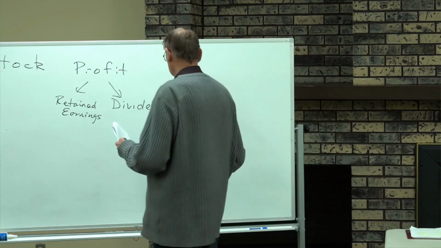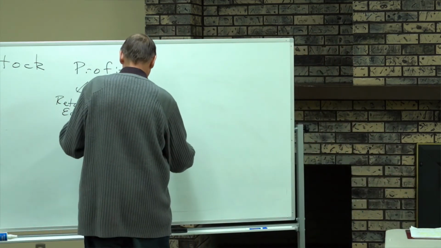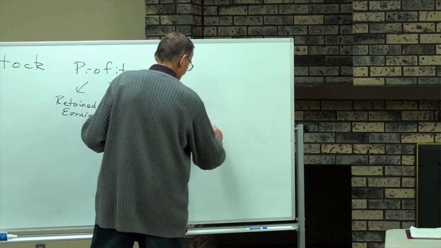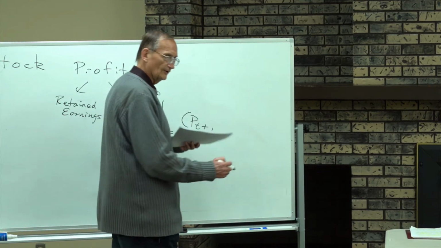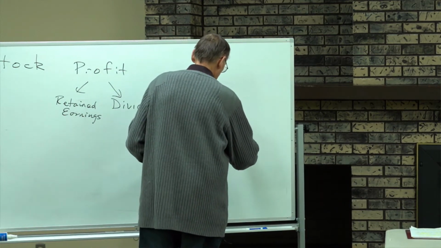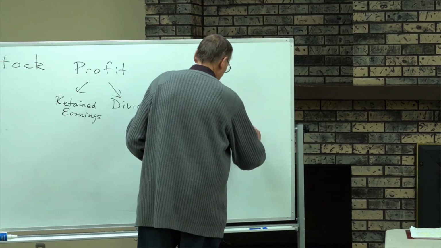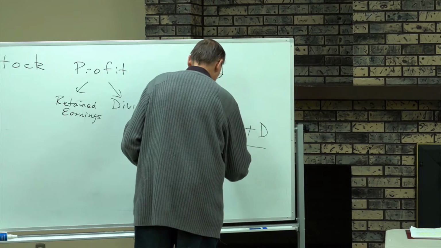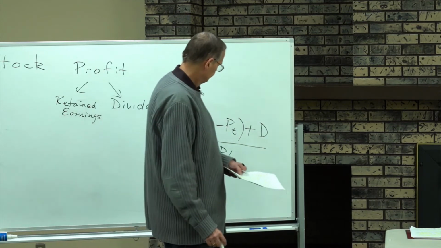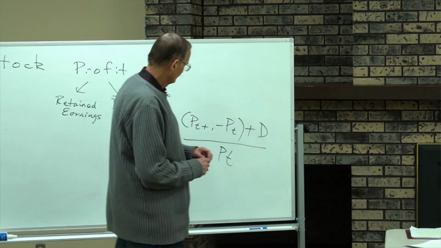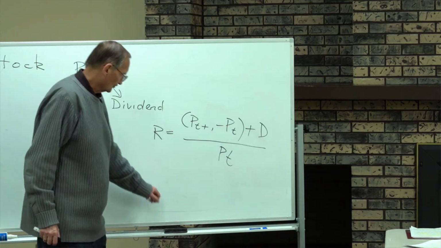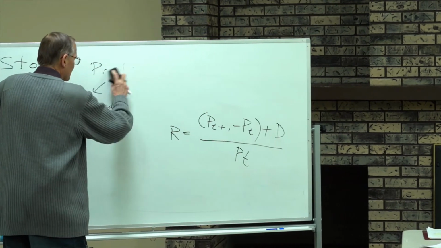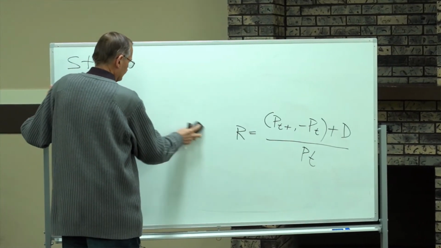Here's the rate of return for a stock. I'm getting you to do this so you're going to impress Jerry next week with all you know. This is the rate of return on a stock, R. P is the price of the stock.